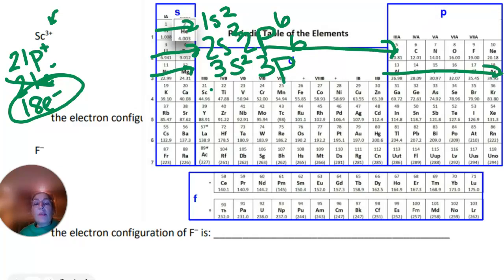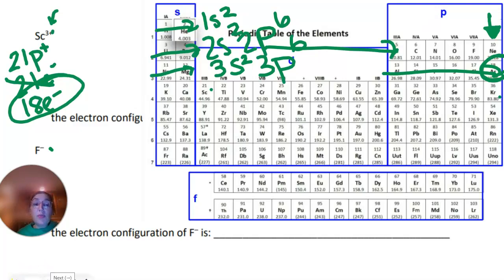Now, by the way, 18 electrons is right here at argon. Notice how that's a noble gas. Elements like to gain or lose electrons to be like the nearest noble gas. So scandium doesn't want to have to go all the way over to be like krypton. It wants to just lose a couple electrons to go back and be like argon.